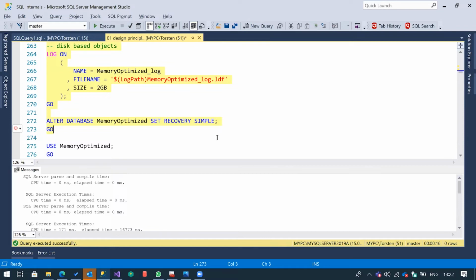That means you can mix them up in the end. You can have both table objects in the same database, and for sure you can use natively compiled stored procedures and interpreted stored procedures in the same database, right?